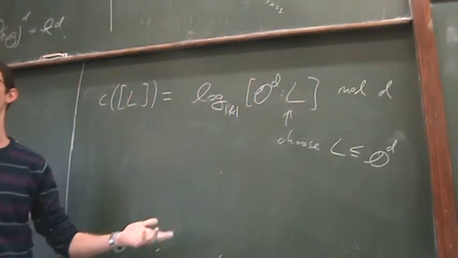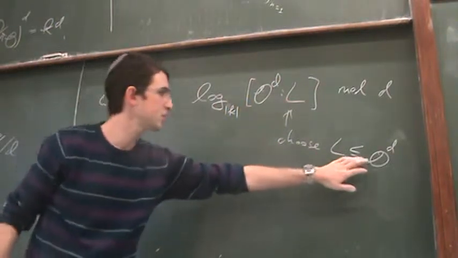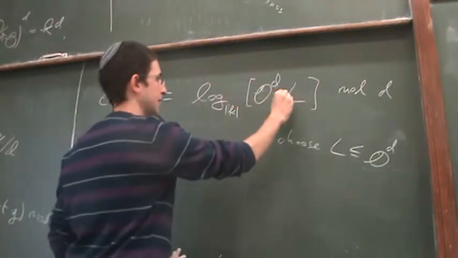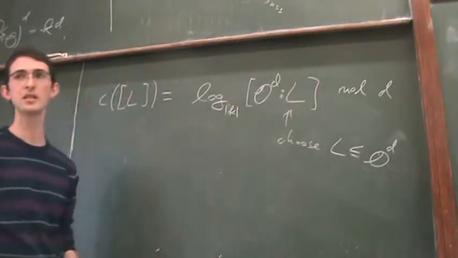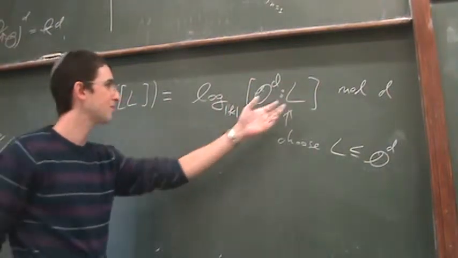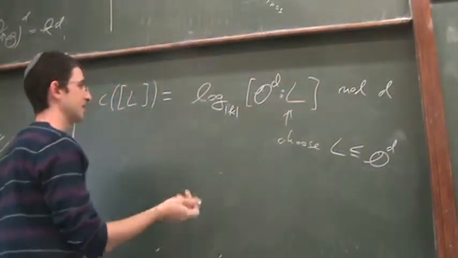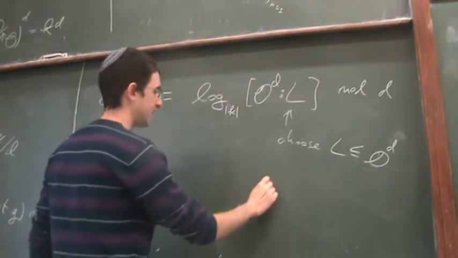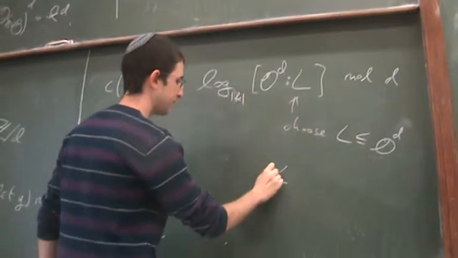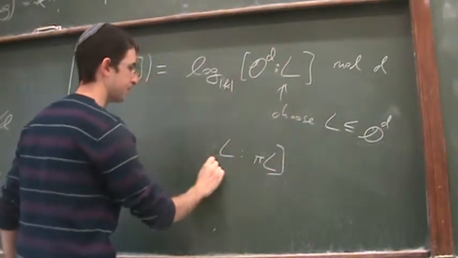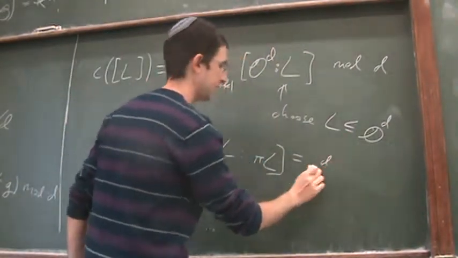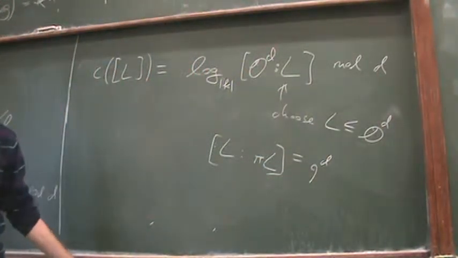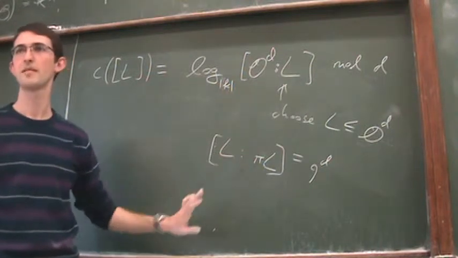I could just multiply it by some large number in F, and it would eventually be contained in O to the d. Then I have an index, which is q to the something. Take log and mod d, and this is what happens. What happens if instead of L I take xL, or if I take pi L? Notice that L over pi L is q to the d, so this would cancel out. It doesn't matter, so it's well defined. Is that okay?